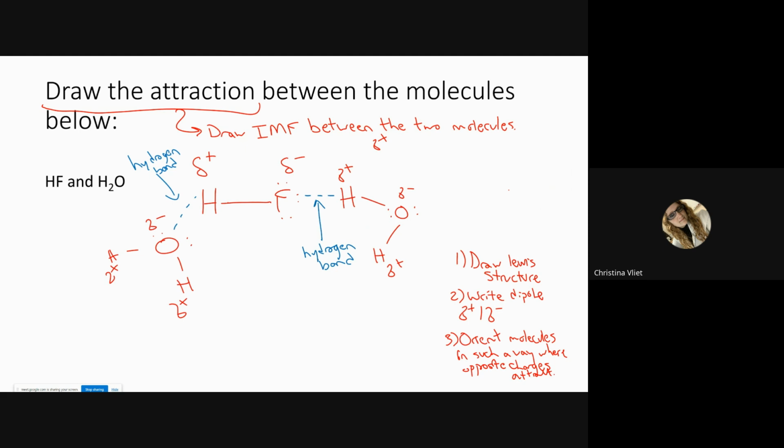Got a few minutes to go ahead and draw the top on here. First, start by drawing your Lewis structures. You can do either one first, water or CH3F. I would do the CH3F first, and then just connect water to it.